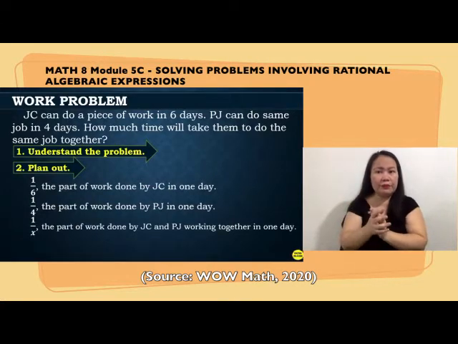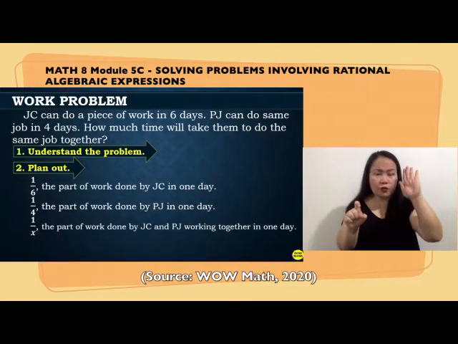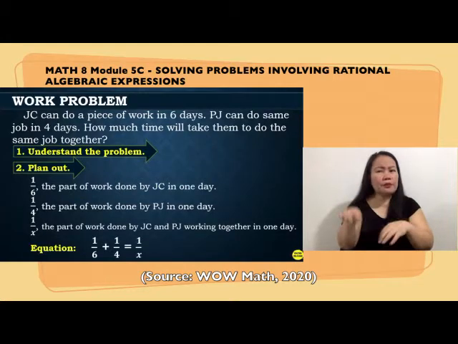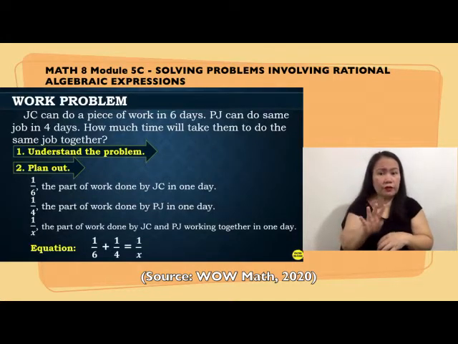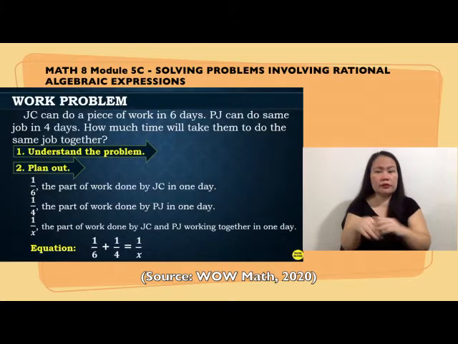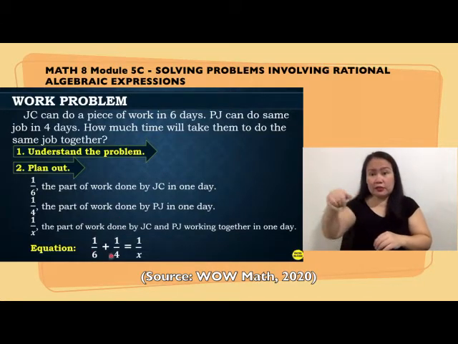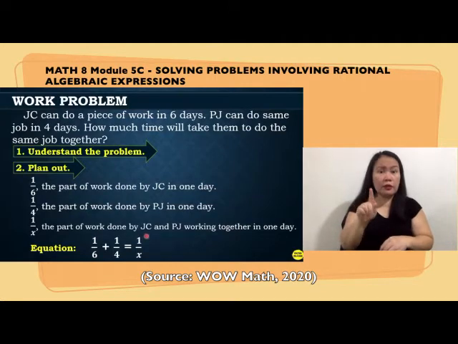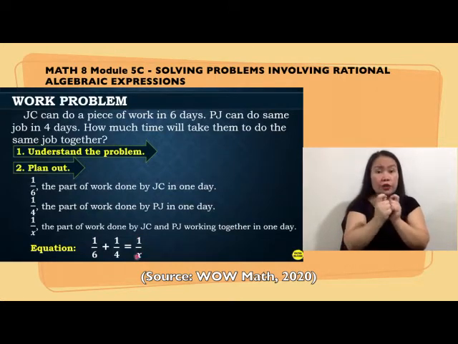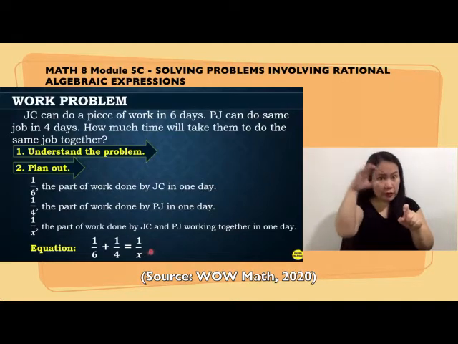And if they will do the same job together, we will represent that as 1 over x. So what will be our equation? 1 over 6 plus 1 over 4 is equal to 1 over x. So, ito yung kay JC, ito yung kay PJ, at kapag nag-work sila together, ito yung kanyang representation na 1 over x. So, ito ngayon ang hahanapin natin.